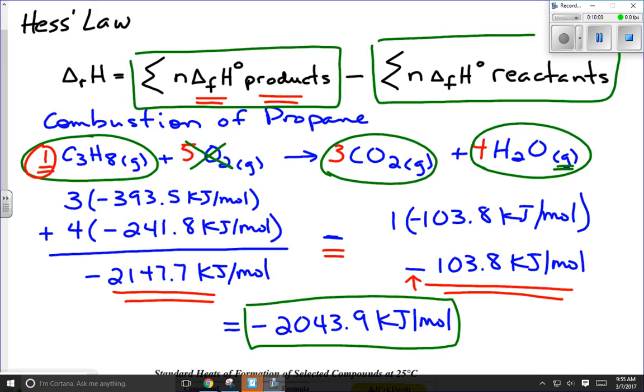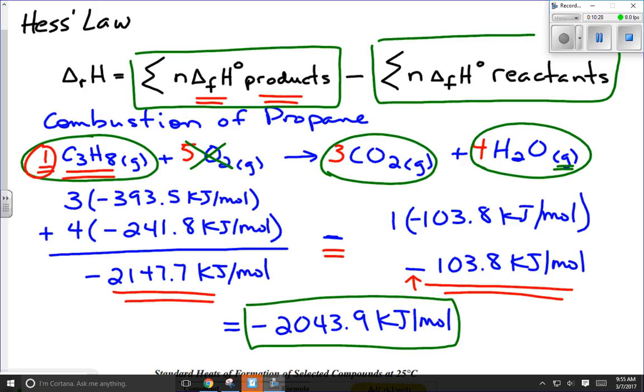If you're in any other chemistry course, things would get more complicated if you had to calculate the number of moles of the initial substance. If we have to figure out how much propane there was, for example, you might be given the number of grams of propane. Well, then you'd have to use an appropriate formula of number of moles equals mass over molar mass to determine the number of moles.